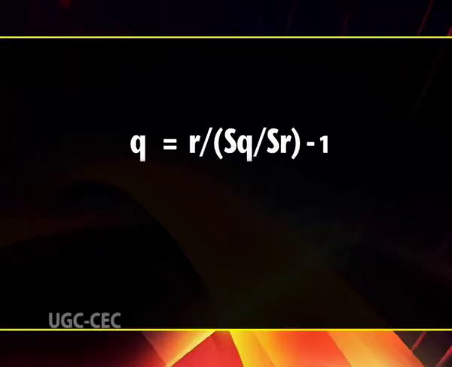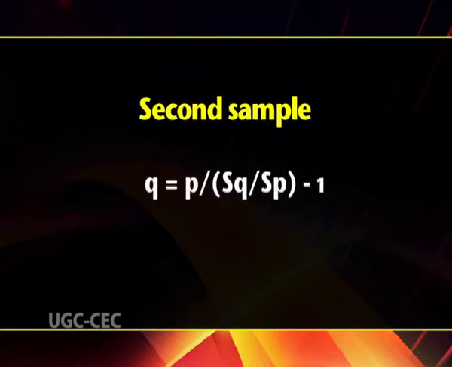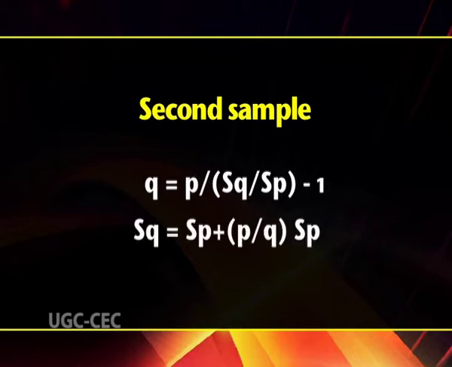For the first sample of specific activity SR, we have Q is equal to R by SQ by SR minus 1, and SQ is equal to SR plus R by Q SR. For the second sample, we have Q is equal to P by SQ by SP minus 1, SQ is equal to SP plus P by Q into SP.